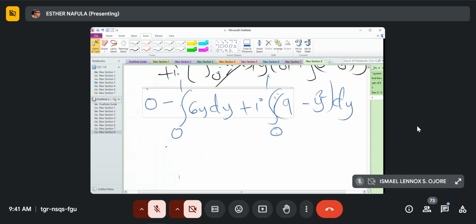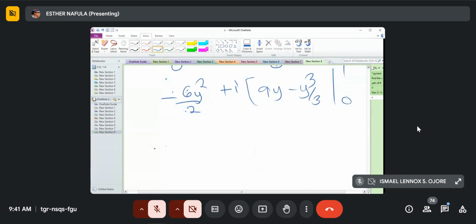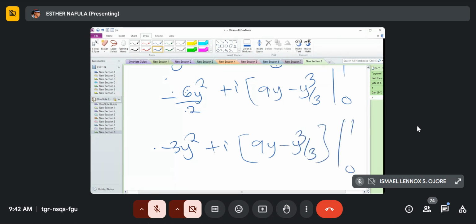So integrate 6y, you get 6y squared over 2, minus 6y squared over 2, plus i into 9y minus y cubed over 3 from 0 to 1. This is minus 3y squared plus i into 9y minus y cubed over 3. Everything is running from 0 to 1.